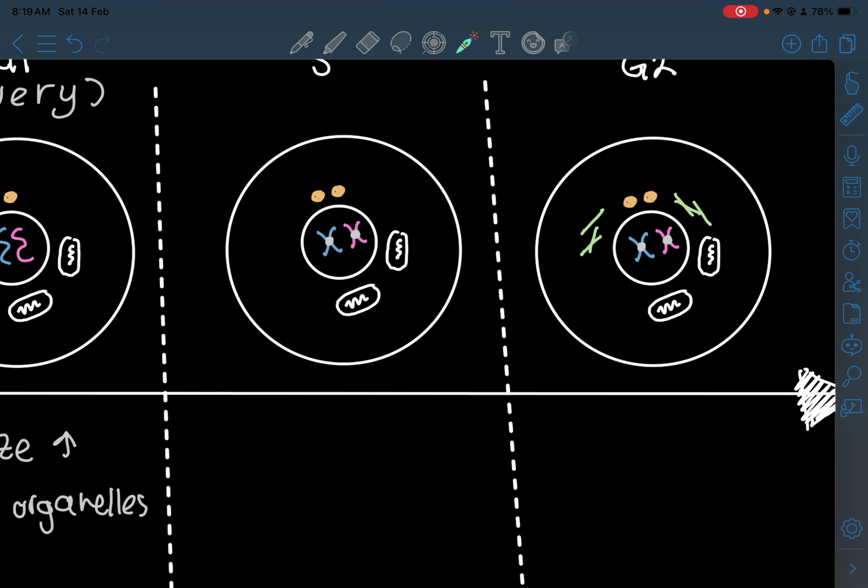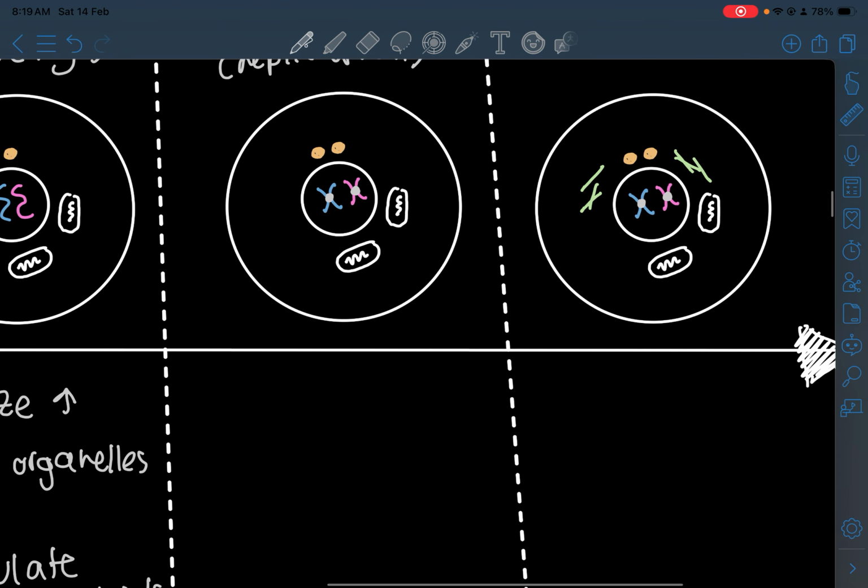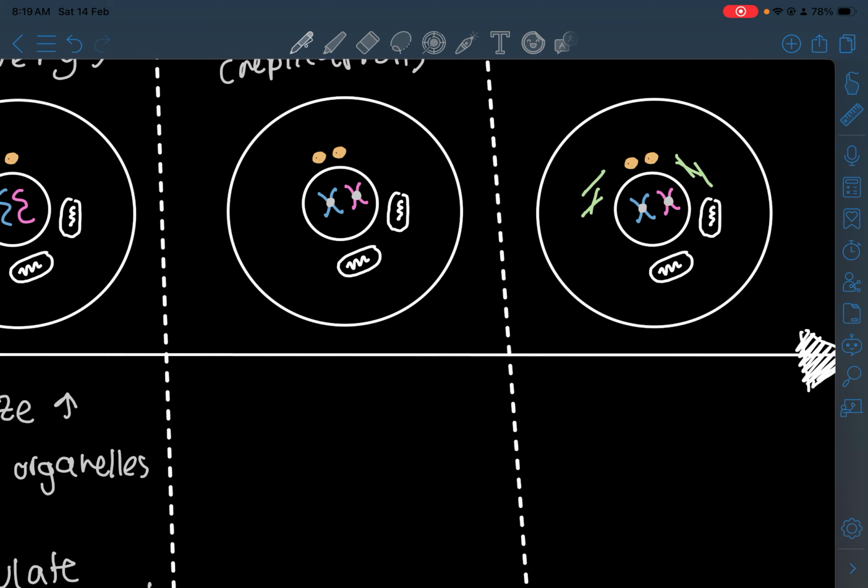Moving on, at S phase, we call this phase a replication phase. So what happens in this phase? First, the cell will synthesize proteins that are associated with DNA. Now you might be wondering, what are the proteins that are synthesized which are associated with DNA?